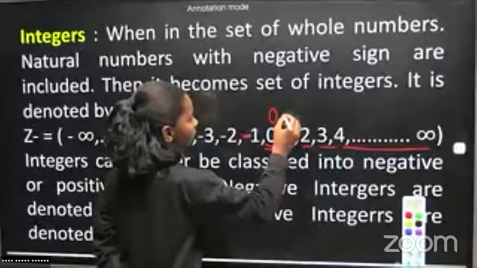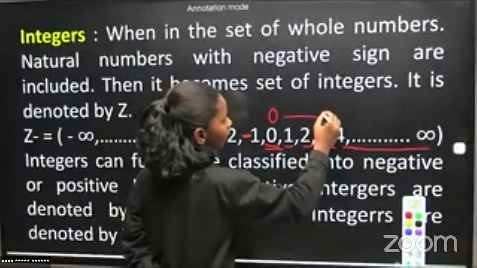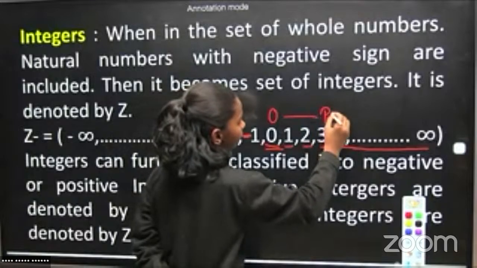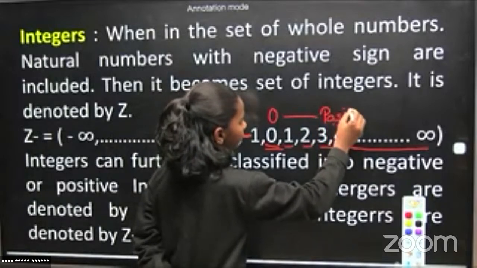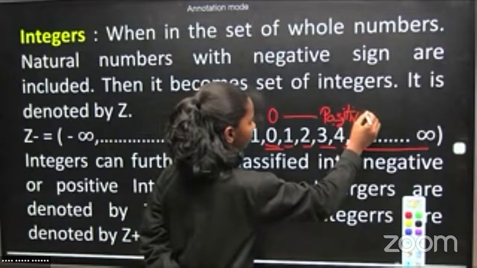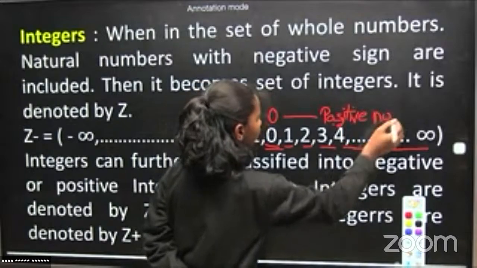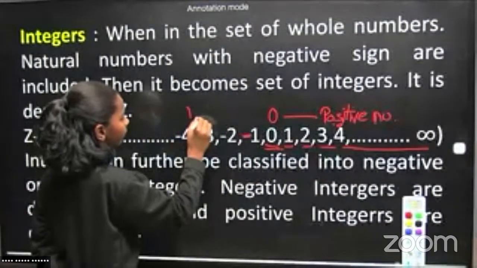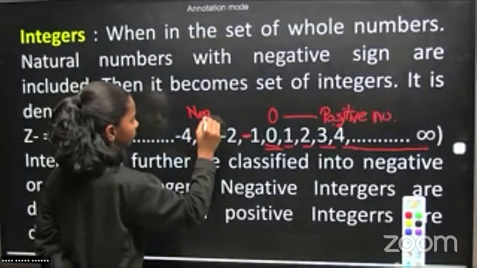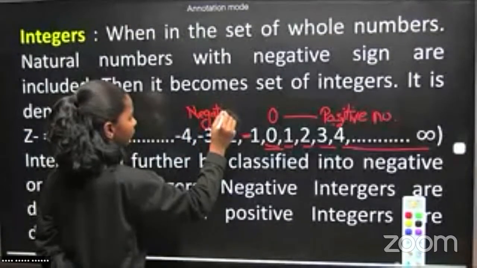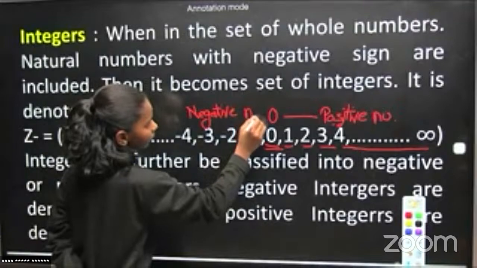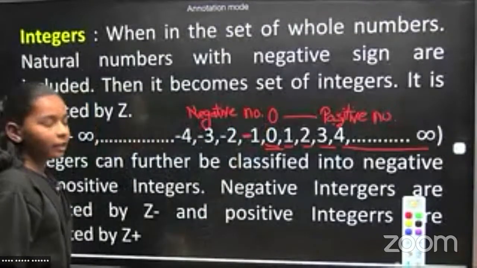Here is 0. Positive numbers and these are negative numbers. Positive numbers and negative numbers.